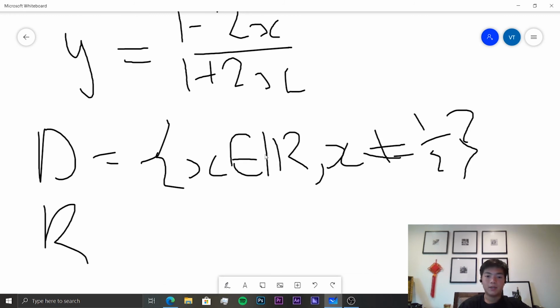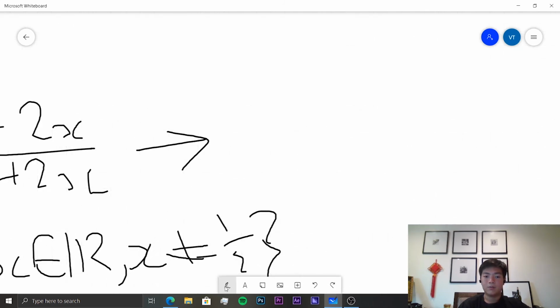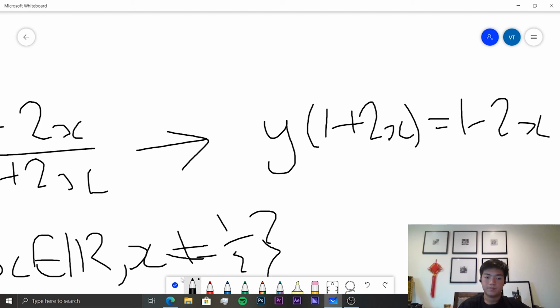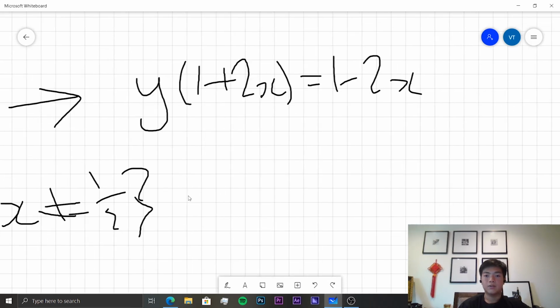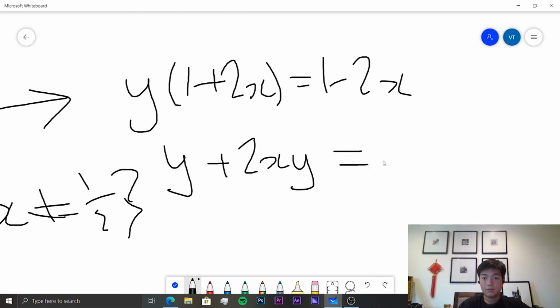For the range, again, we need to rearrange this equation. So we have y times 1 plus 2x is equal to 1 minus 2x. So in this case, y plus 2xy is equal to 1 minus 2x.